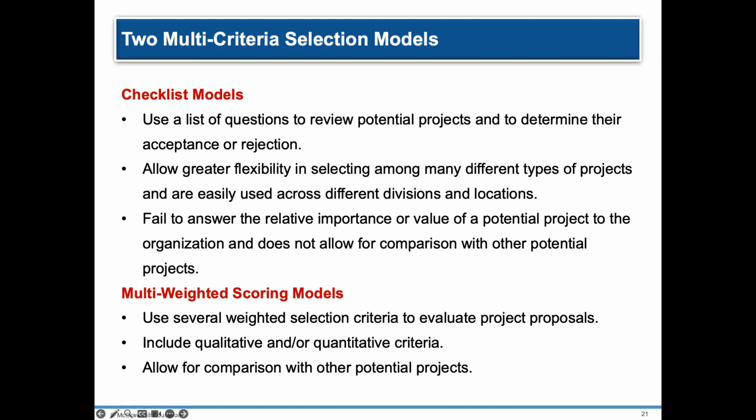While the checklist model is one of those things that are easy to use and very intuitive, it fails to answer the importance and the value of a potential project to the organization because it only looks at the qualitative side of the project and it does not allow us to compare two different projects, apples to apples.